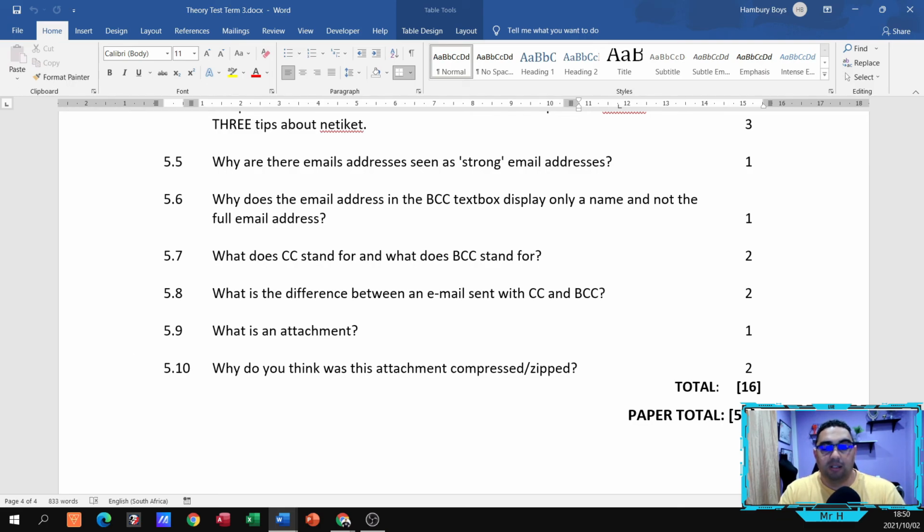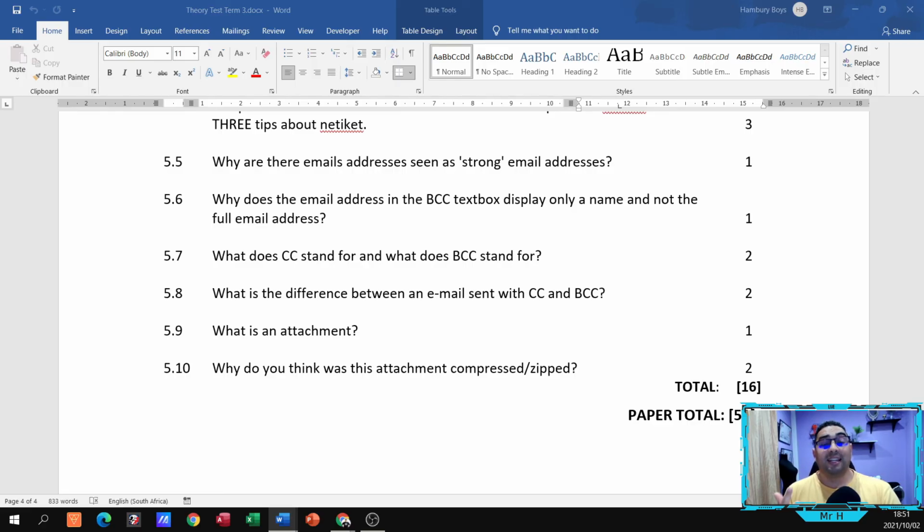Okay. Then the last one for 2 marks. Why do you think this attachment was compressed? Well, if something is going to be compressed, it's been made smaller. So number one, it was a large file, right? The original file must have been a lot larger than this one. So number one, to make it smaller.